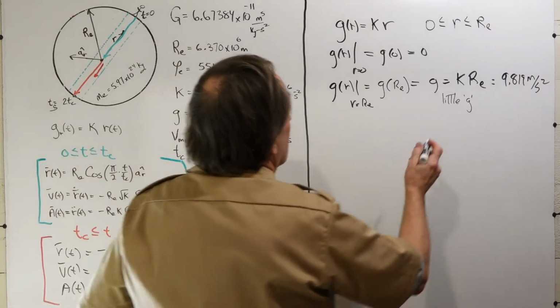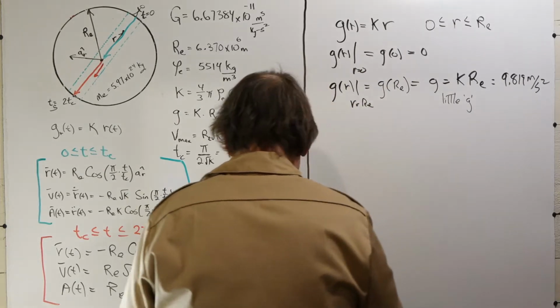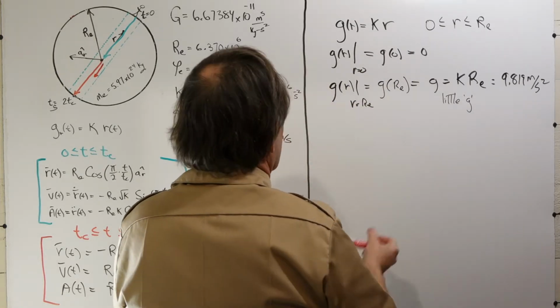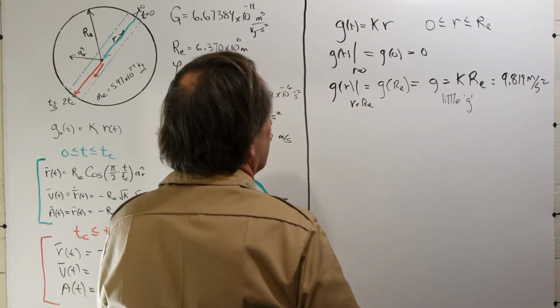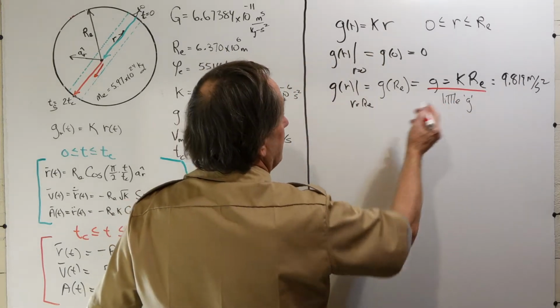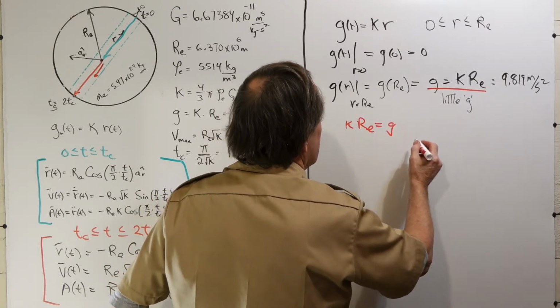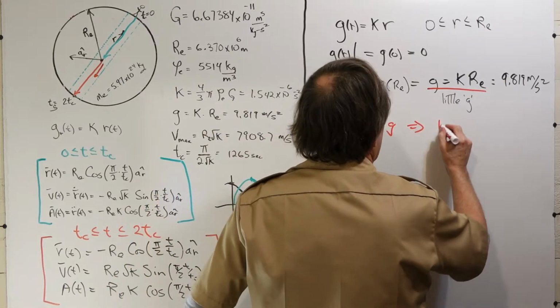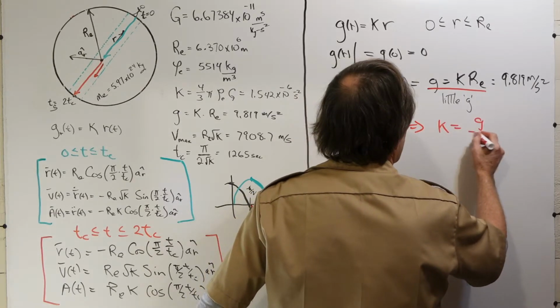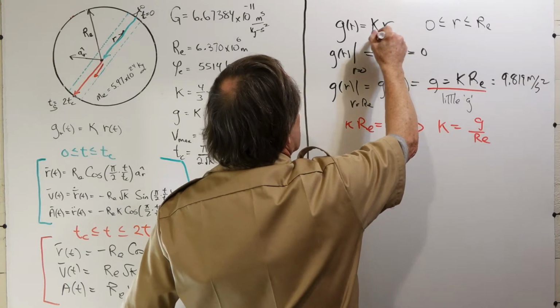Now, we can rewrite this equation, substitute in for k. We can solve this equation here for k. We get k r e is equal to g, or k equals g over r e, and substitute it into this equation here.